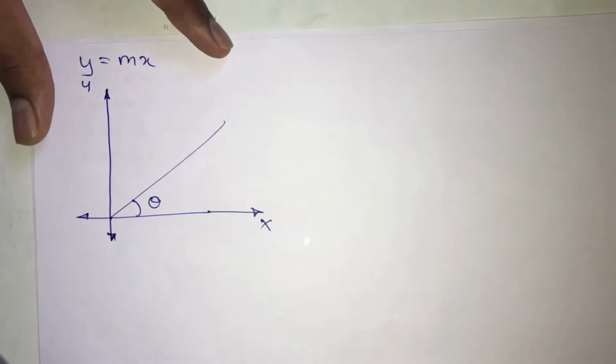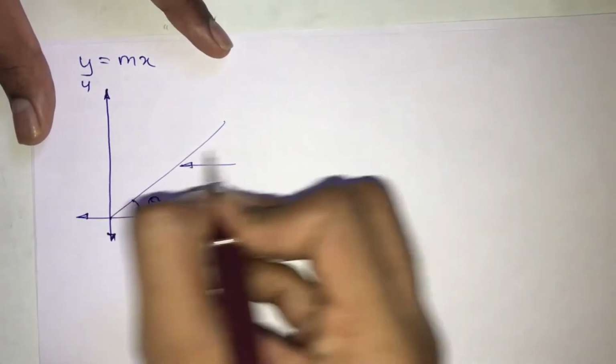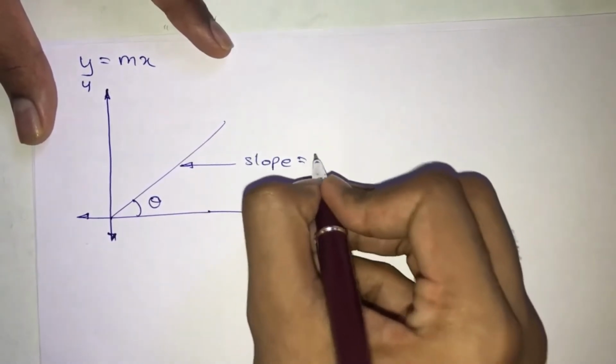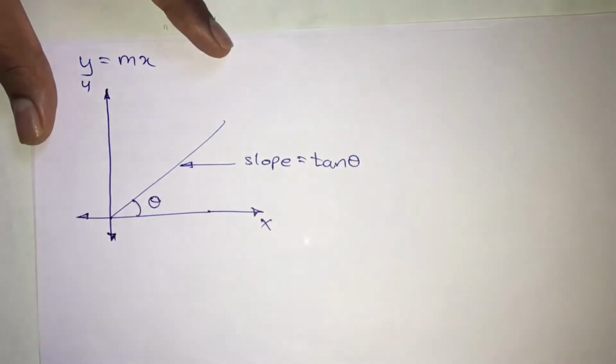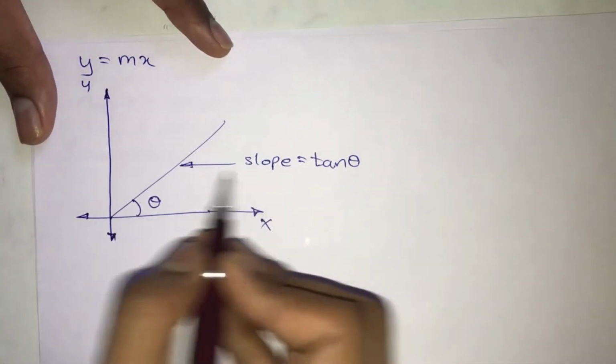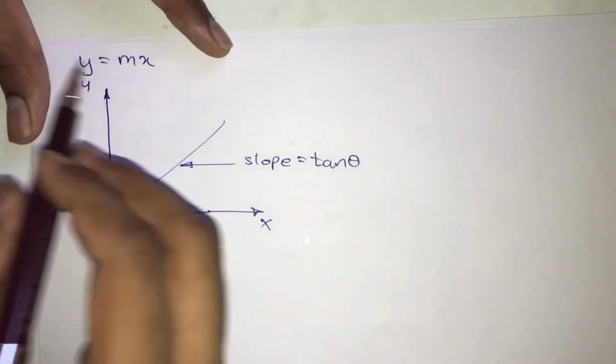Okay, so now if you want to find out the slope of this line, the simple formula is nothing but tan theta. So when you take the tan of this theta, you will ultimately get the slope of this line. Now let us understand what these terms in the equation mean.